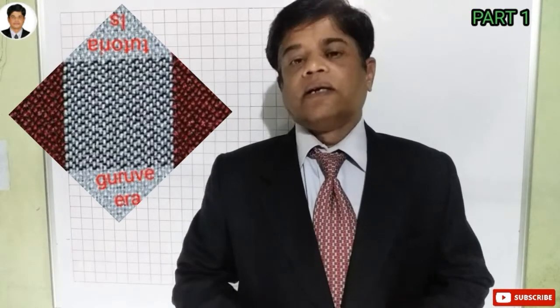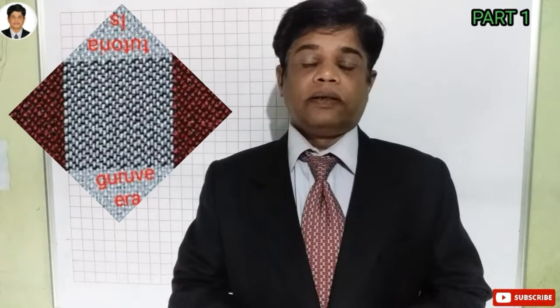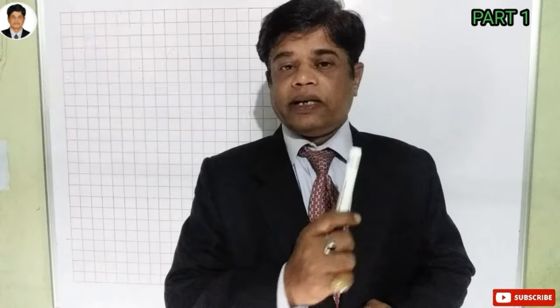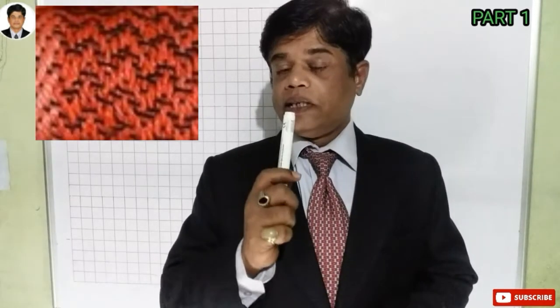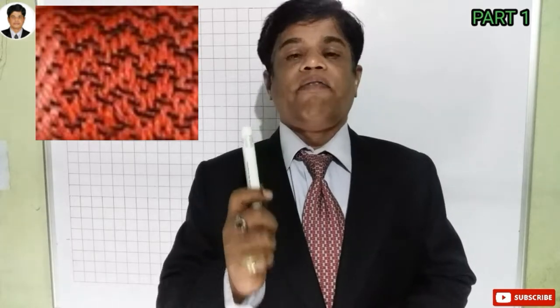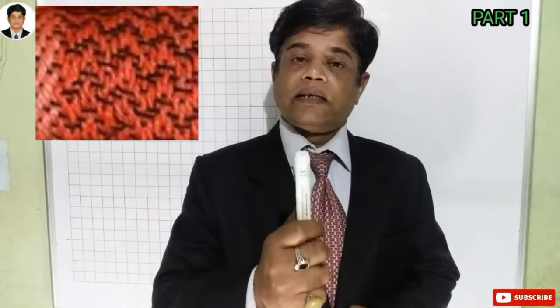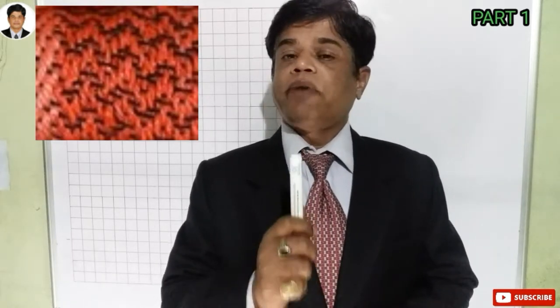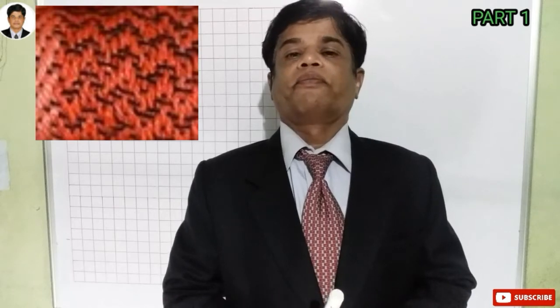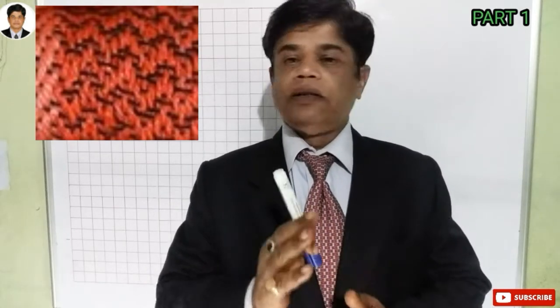Whatever the lengthwise threads are, that is called warp threads, and the widthwise threads are the picks. Okay, these warp and weft, that is ends and picks, whatever the floating interlacement takes place, that interlacement mechanism is used to weave plain, twill, satin, and so on.